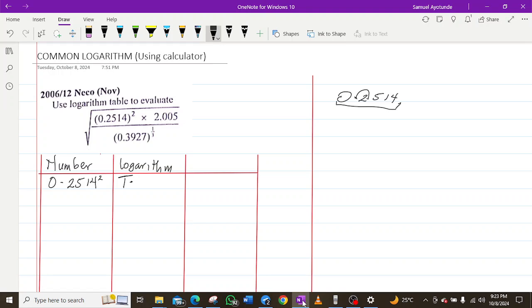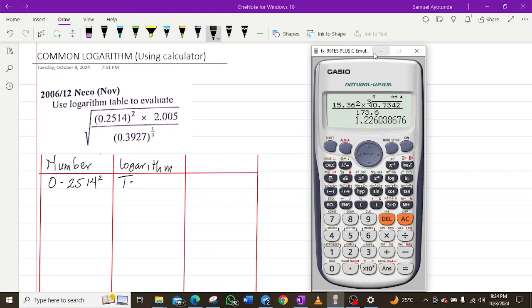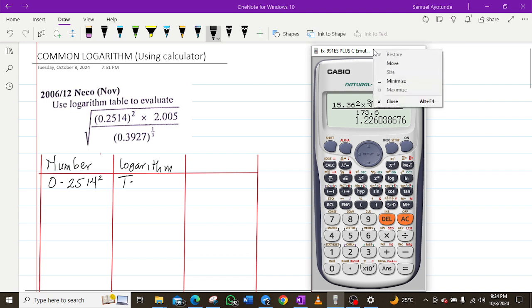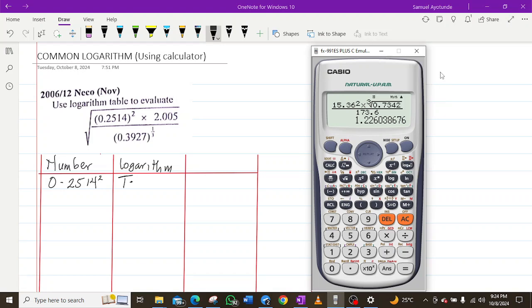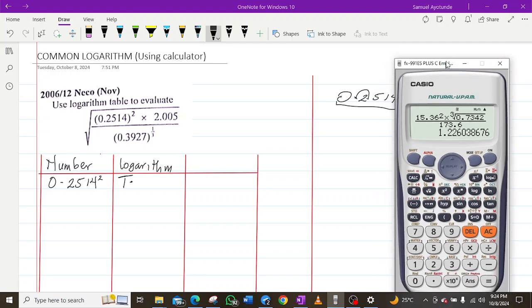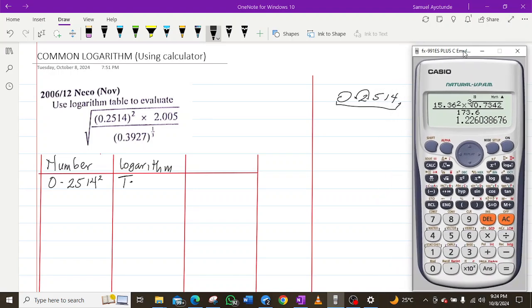And we do that from our calculator instead of using the logarithm value. Must take note at this point that whatever answer we are getting from the calculator, we must evaluate to 4 decimal places, because the logarithm value gives every answer to 4 decimal places.